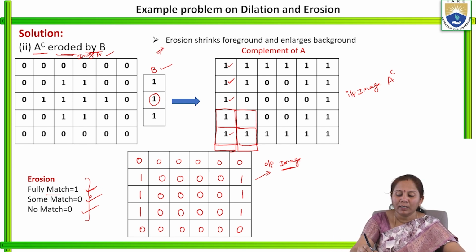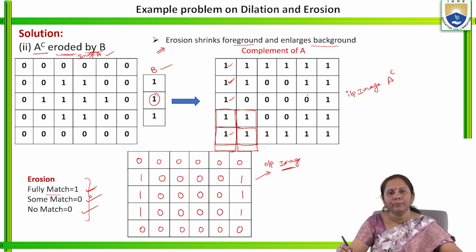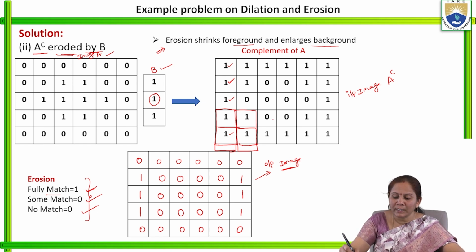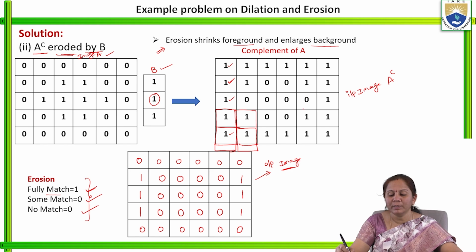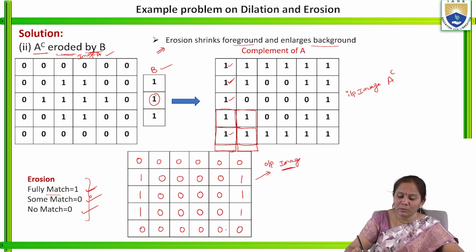Now according to the condition of erosion, erosion shrinks the foreground and enlarges the background. If we see this A complement, less number of zeros are available, but in the output image more zeros are available.